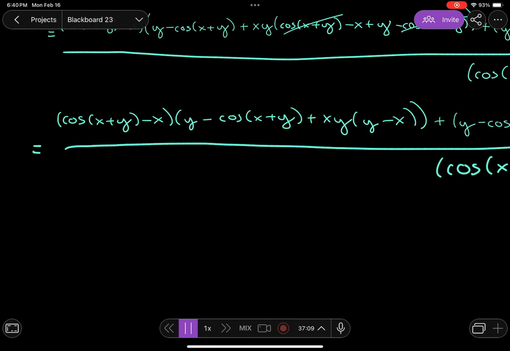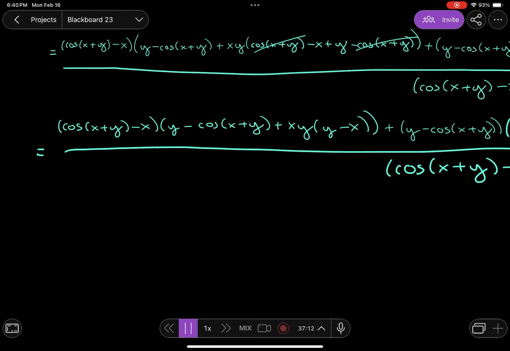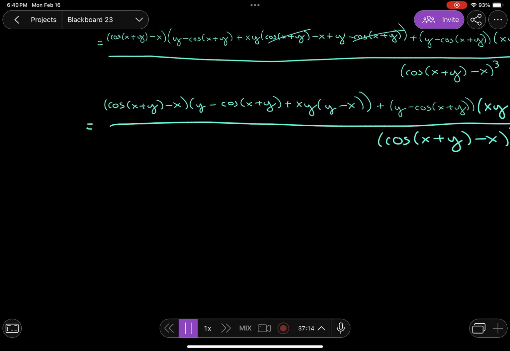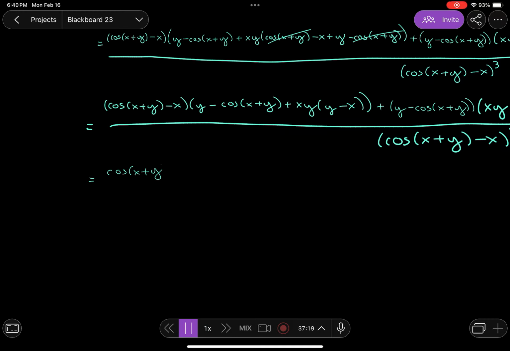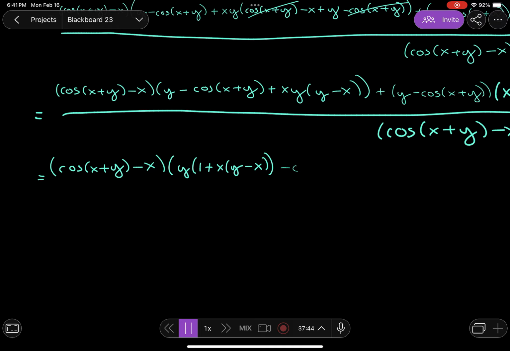Maybe I'll do this for starters. This is the same thing as the cosine of x plus y minus x. Then bunching up all y terms. So it's going to be y times 1 plus x times y minus x minus the cosine of x plus y.